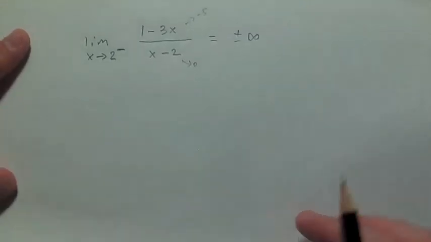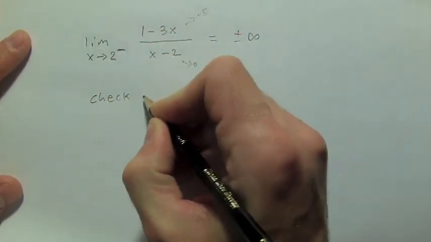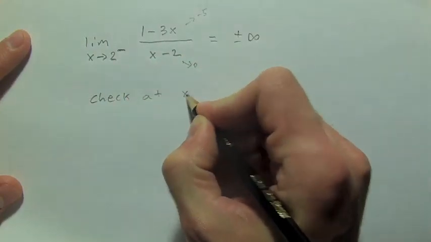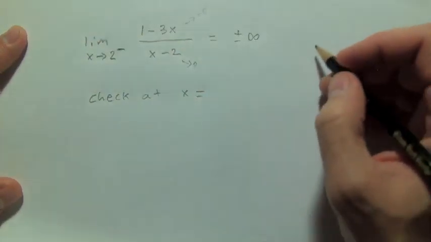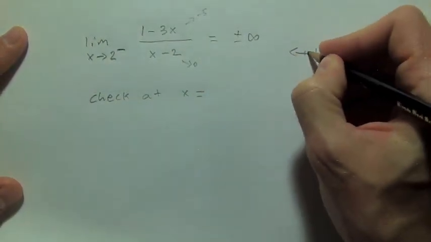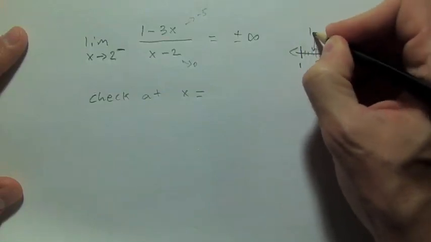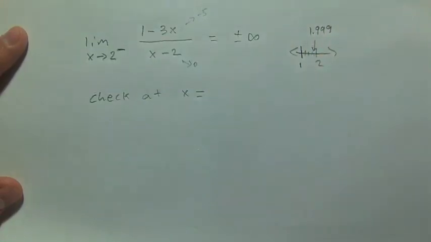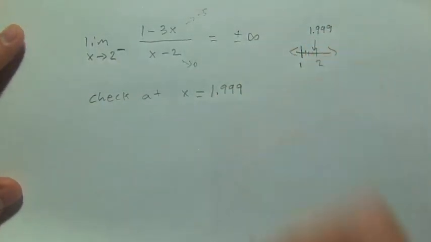So let's do the checking method. So I'm going to check at x equals. Now, here we're looking at, here's 2, and we're coming at it from the negative side. Here's 1, so these are going to be things like 1.999. So let's check there, 1.999.